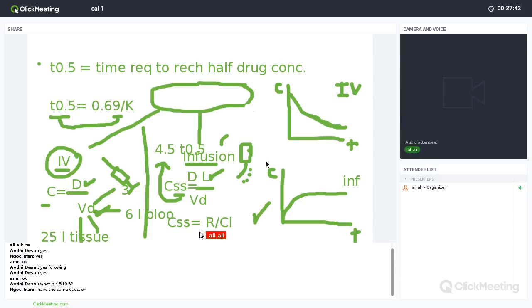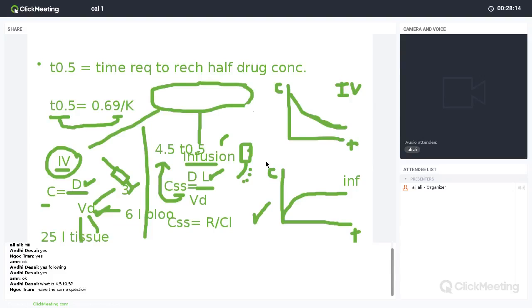Okay, so now the question is, what is 4 to 5 T half? As I told you, this is a concentration, and to reach this concentration we need time. So we need to estimate the time to reach the steady state concentration. How can we calculate the time required to reach steady state concentration?